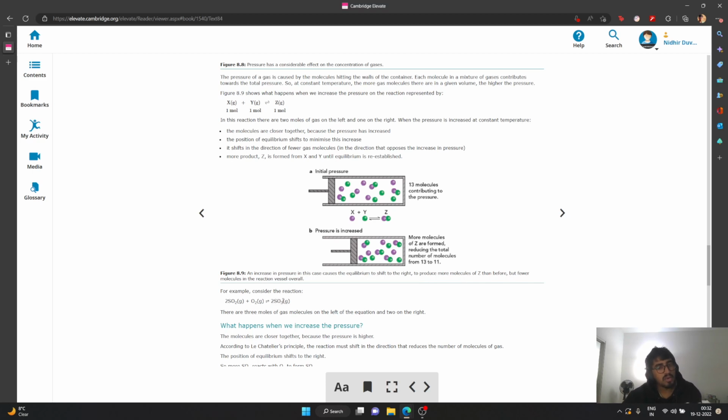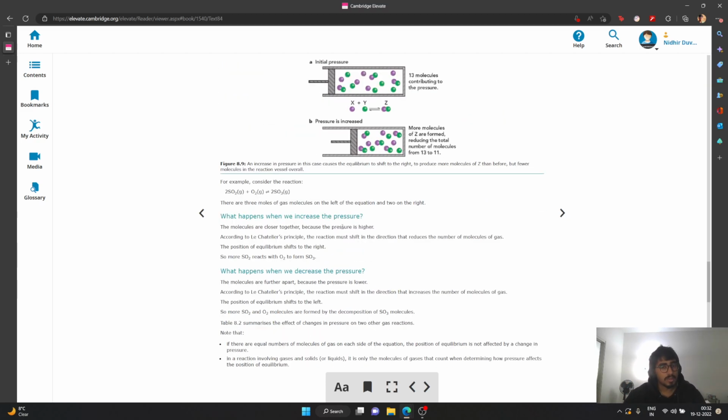Of course, mind you, in this reaction there is a higher number of moles on the reactant side. But it could happen that 3 moles of gas produce 4 moles. In that case, it would shift to the left, so less SO3 would be formed. In our case here, more SO3 will be formed, but in that hypothetical example, less SO3 will be formed.